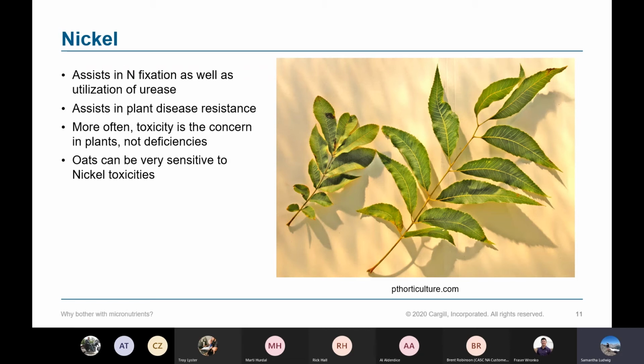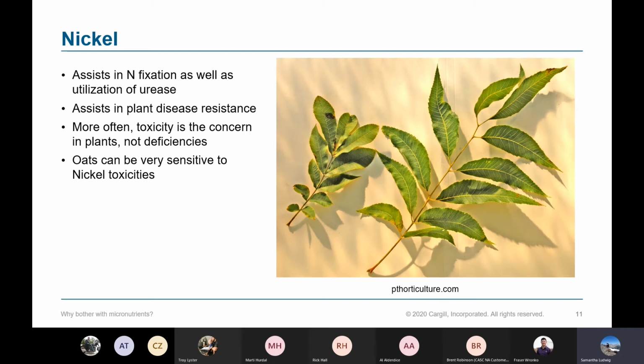More often, you'll see toxicity in plants and not deficiencies, but there are areas of the world where deficiencies are seen. And the image here is actually of pecan leaves. Apparently, pecans are very sensitive to deficiencies.